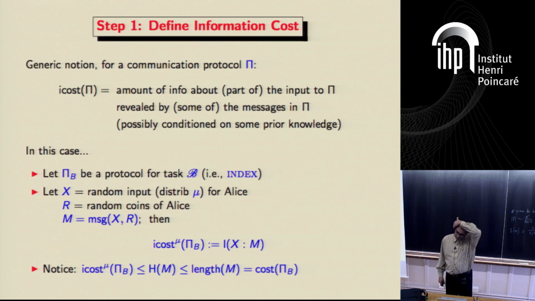This captures how much Alice's message actually reveals about her input. Notice that by definition, the information cost is at most the entropy of m, which is at most the length of m in bits, which is the cost of this protocol. So information cost is less than or equal to cost, and as I said, if you define things right, this will almost always follow from easy information theory like that.